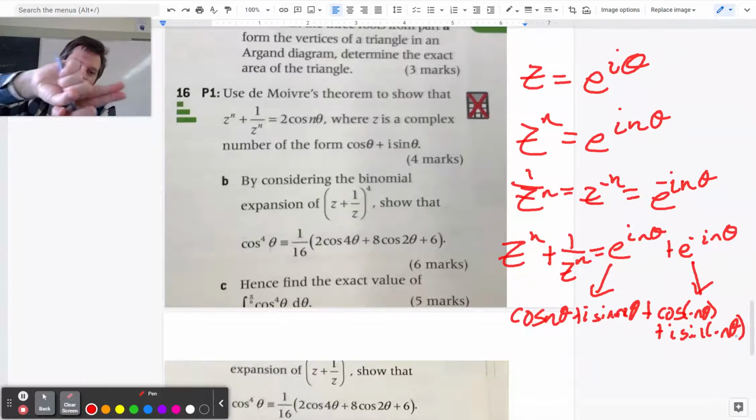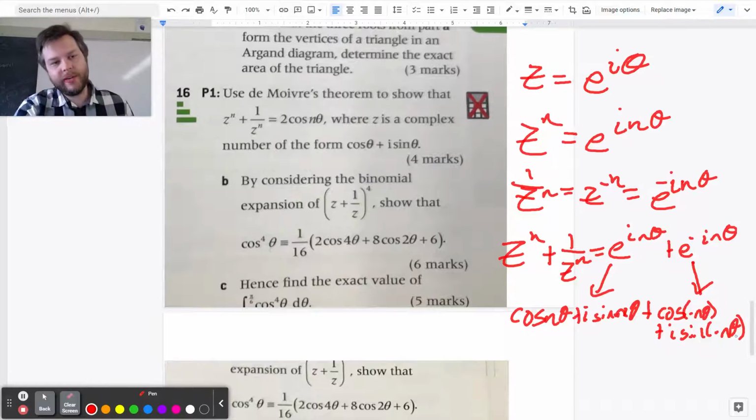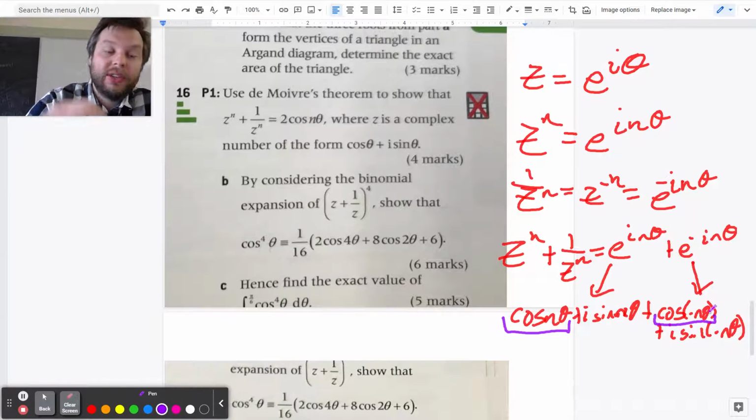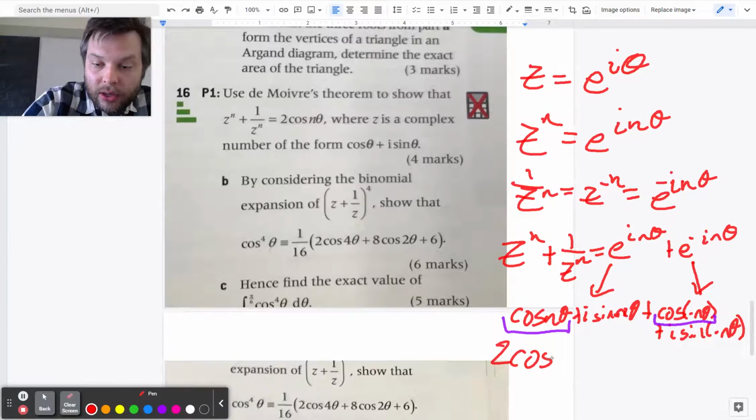Just do it with your fingers on the unit circle. If you rotate in opposite directions, your fingers will always share the same x value. So I know that this first cosine of n theta is identical to the cosine of negative n theta. And so I can combine those like terms to get 2 cosine of n theta.